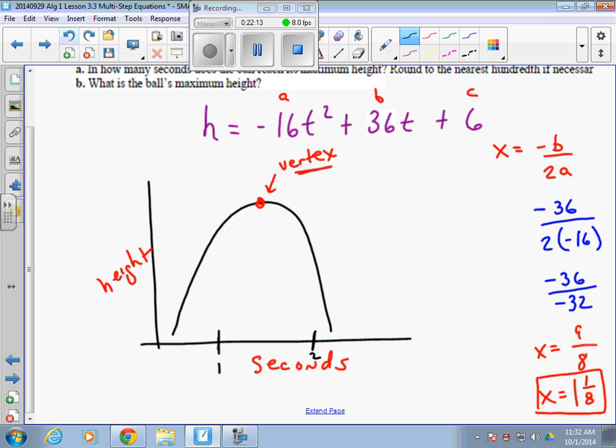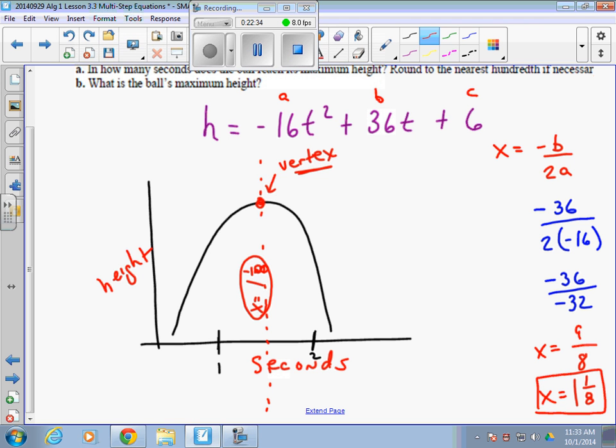At 1 and 1/8 is going to be your axis of symmetry. So your axis of symmetry, x equals 1 and 1/8, or 9 over 8. Not 1/2. 1 and 1/8, or 9 over 8.